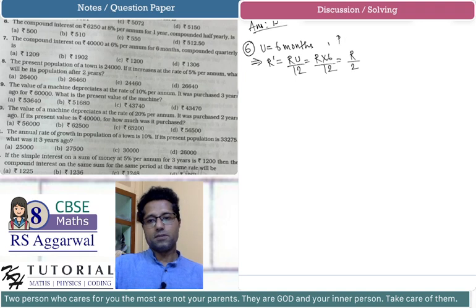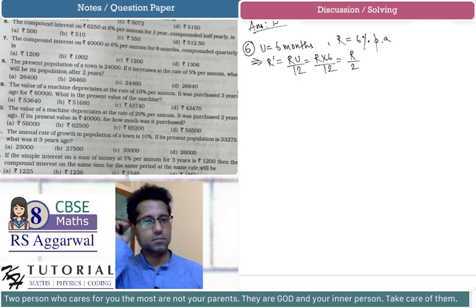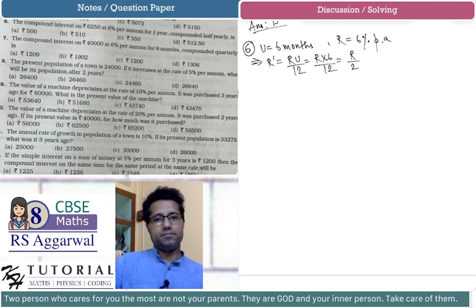Now R is given to be not 6% per annum but 8% per annum, compounded half yearly. Okay, now we need to find the value of n and the fraction a by b.